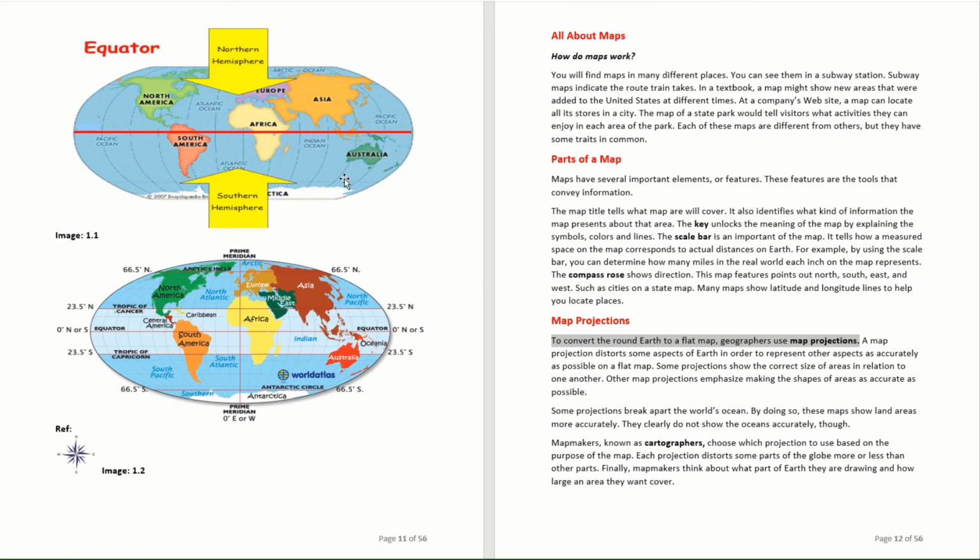So while you're spotting Australia, you are neglecting all these other things, and then you are changing this sphere into the flat form. So cartographers, or the map makers, choose which projection based on the purpose of the map, what exactly they want to use, and what information they want to get, and then they draw accordingly.